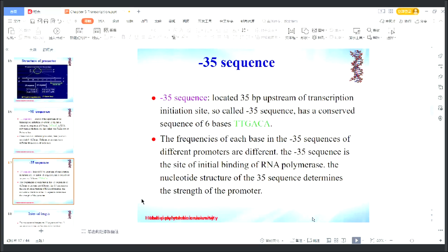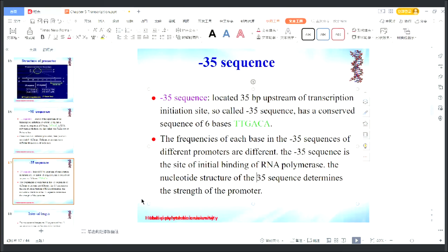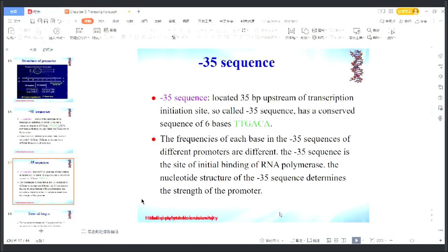And the nucleotide structure of the 35 sequence determines the strength of the promoter. We studied this in the genes chapter. This negative 35 sequence is located about 35 nucleotides upstream, before the transcription point.